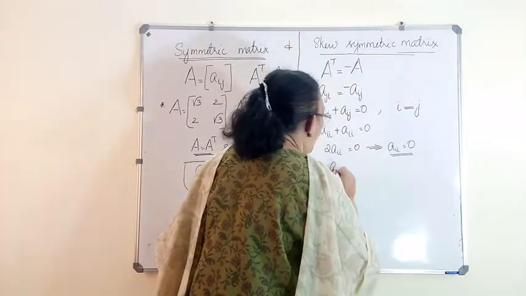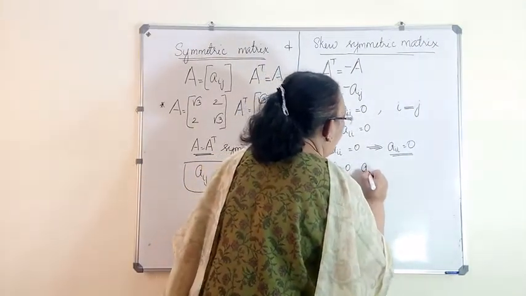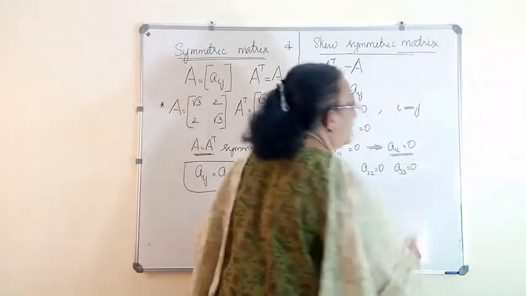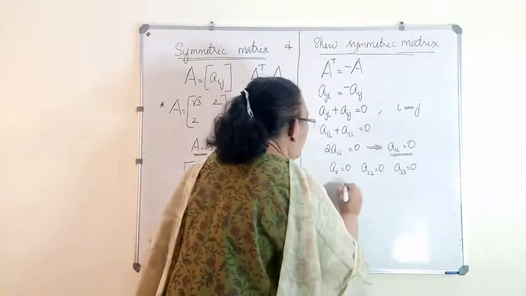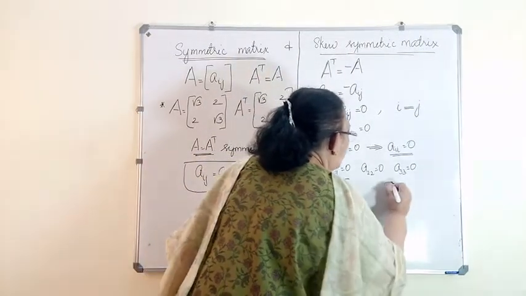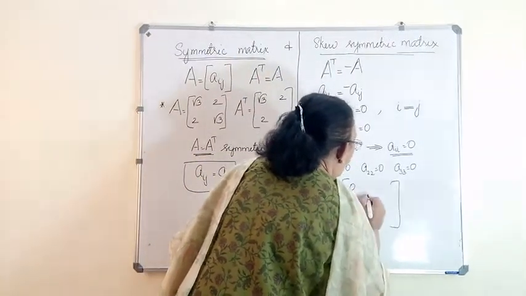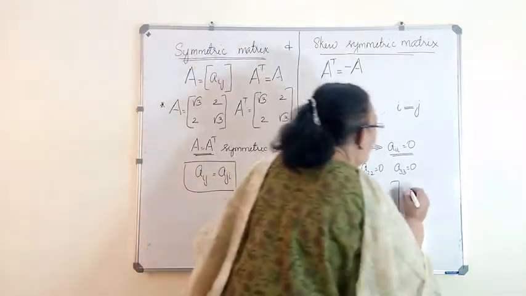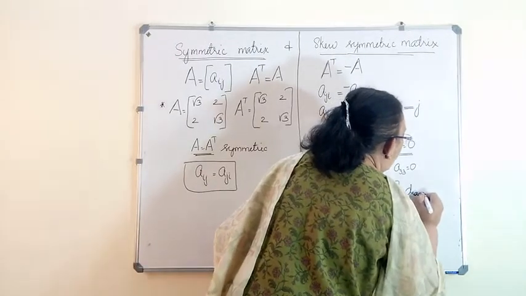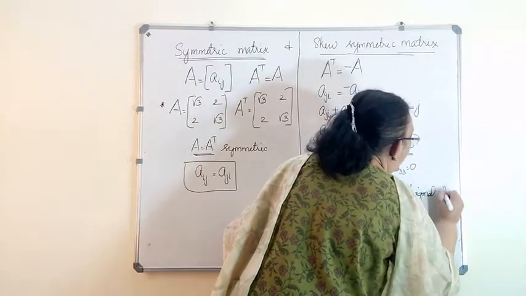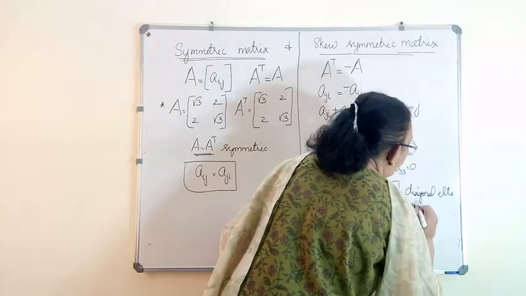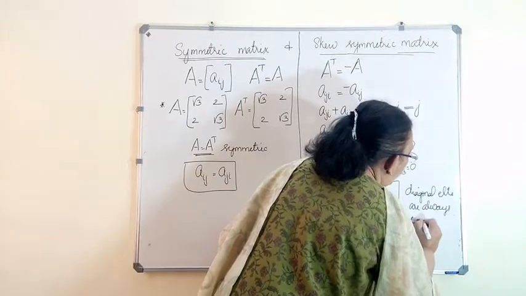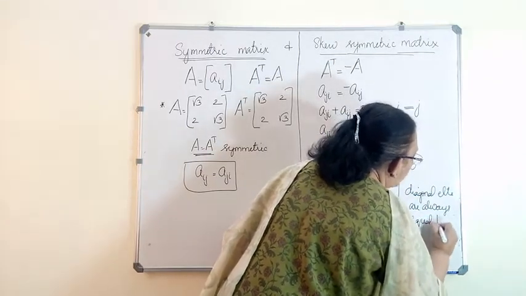That means A11 is equal to 0, A22 is equal to 0, A33 is equal to 0. So for a skew symmetric matrix, the diagonal elements are always equal to 0.